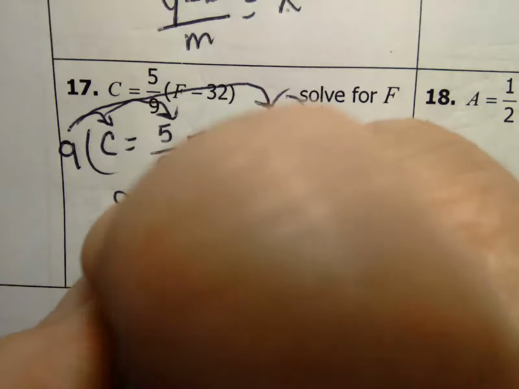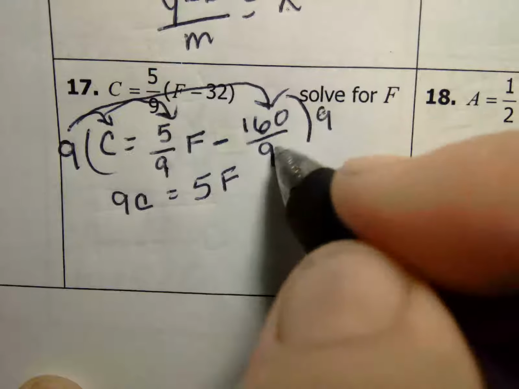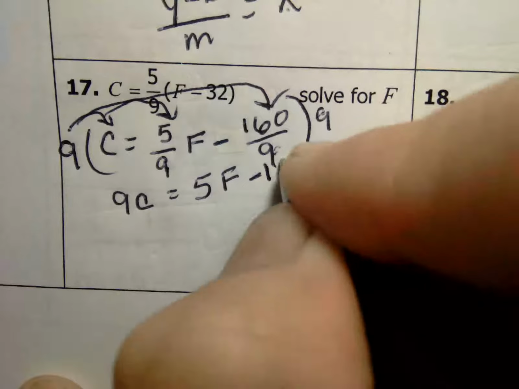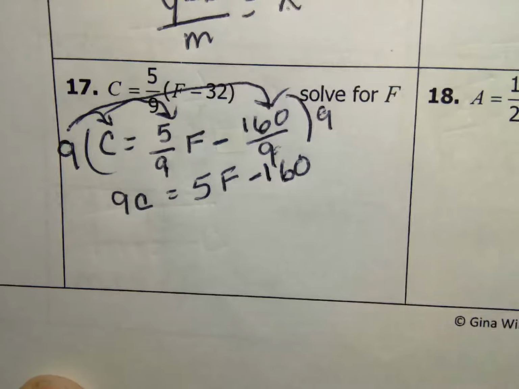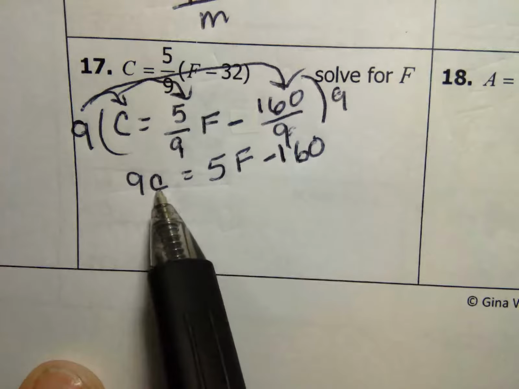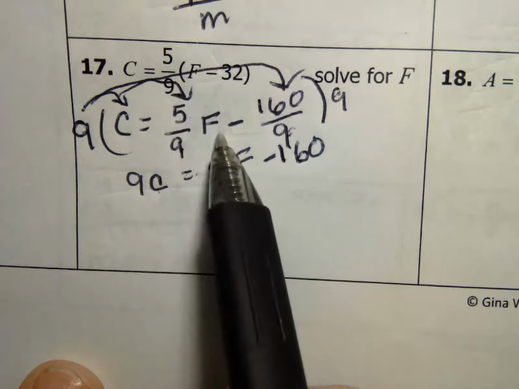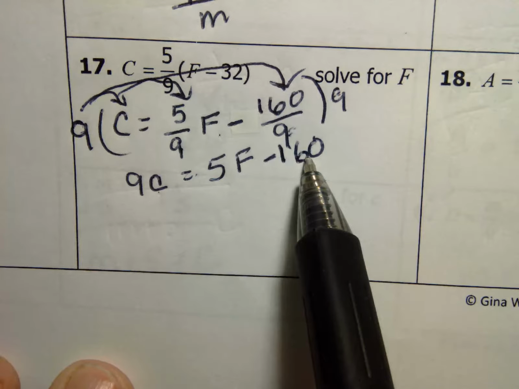Okay, 9c, that cancels out. I have 5f, that cancels out, minus 160. Terrible job on my writing part. So I have 9c is equal to 5f minus 160. Now we're rolling. What's next?